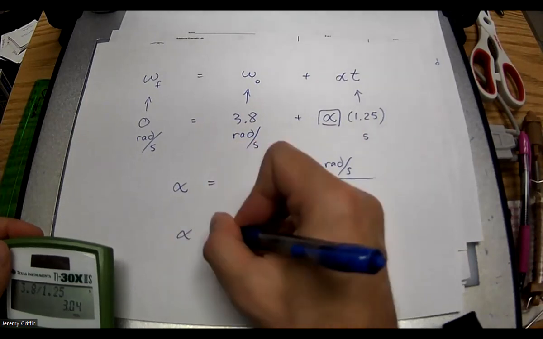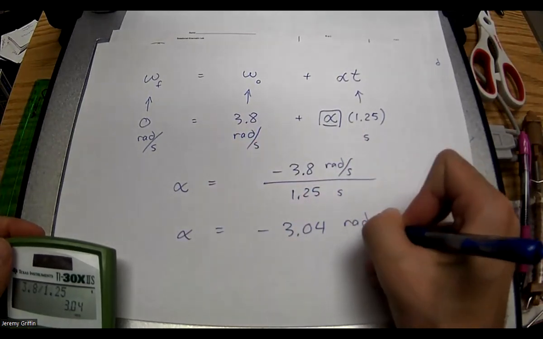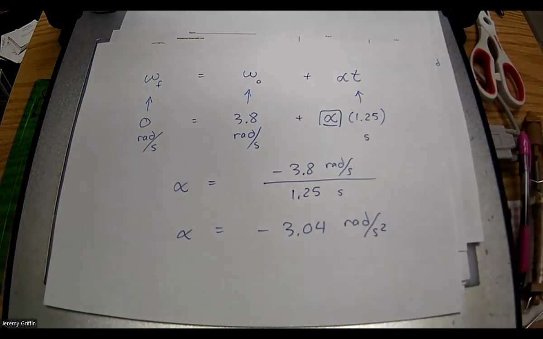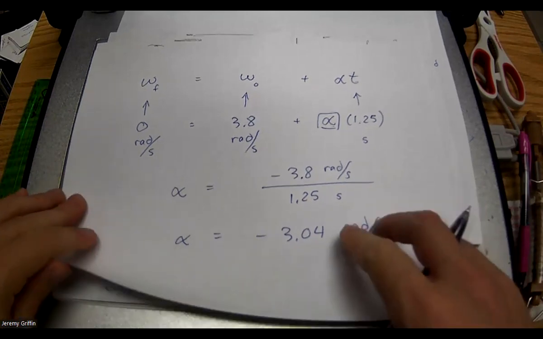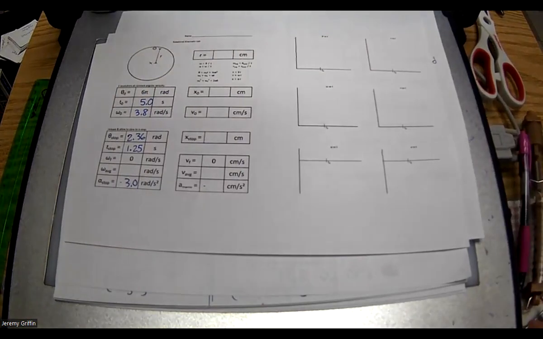I'm looking at this many radians per second squared, right? That's the rate that it's slowing down. Maybe I'll round that to about negative 3.0 because it's real close, right? Okay, is that right?